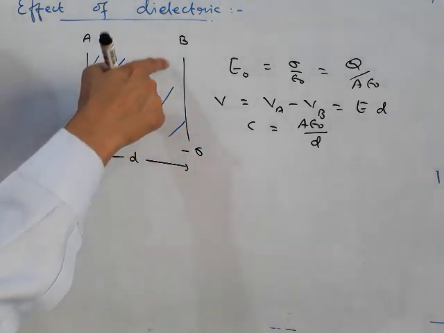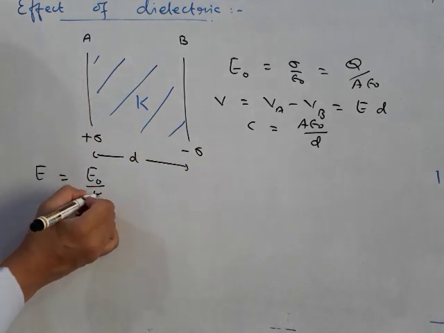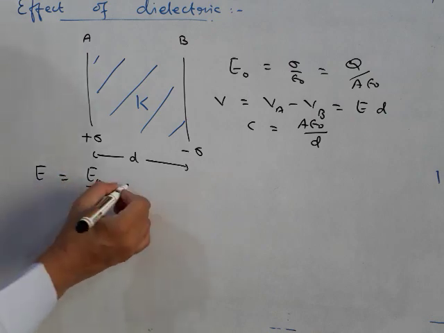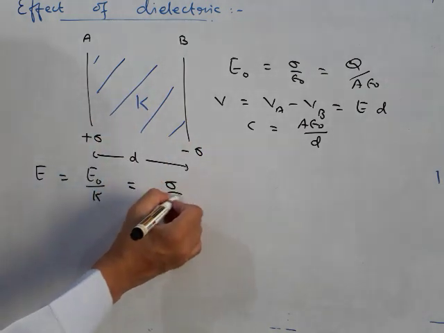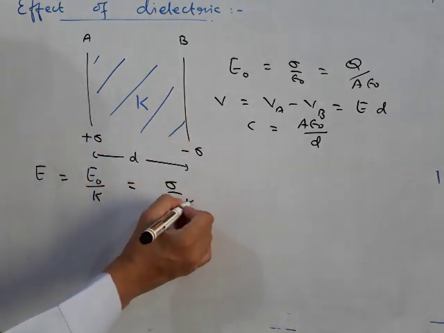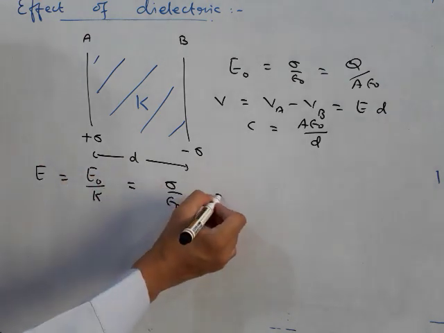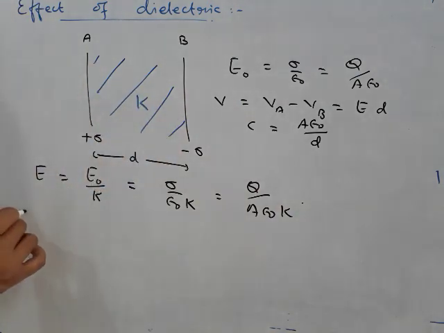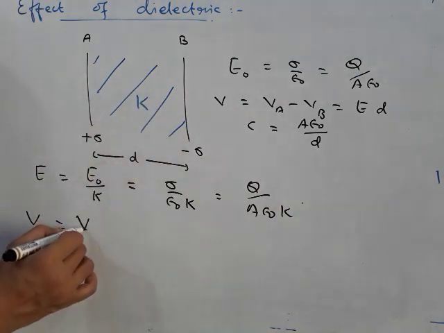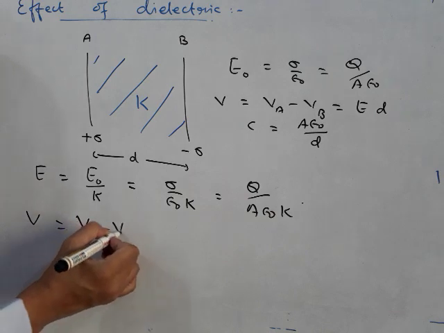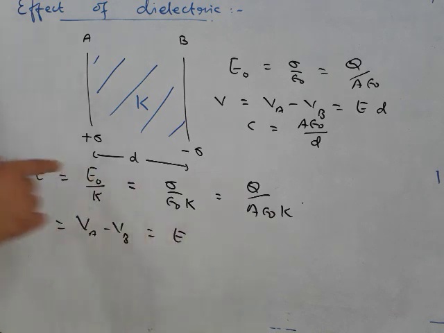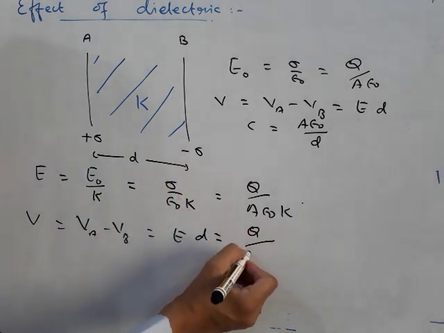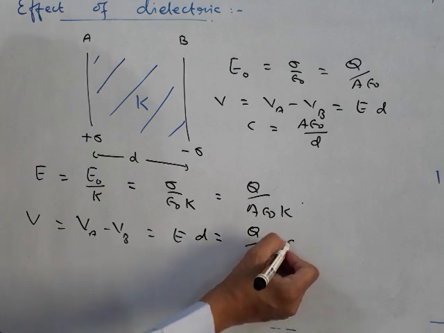That E in depends upon the polarized charges, and on solving, we find E is equal to E naught by K. E naught is sigma upon epsilon naught, so here we'll have sigma by epsilon naught times K, and sigma is Q upon A. Likewise V, the potential difference between the two plates, VA minus VB, will become the net electric field E times D, which is Q upon A epsilon naught K, times D.